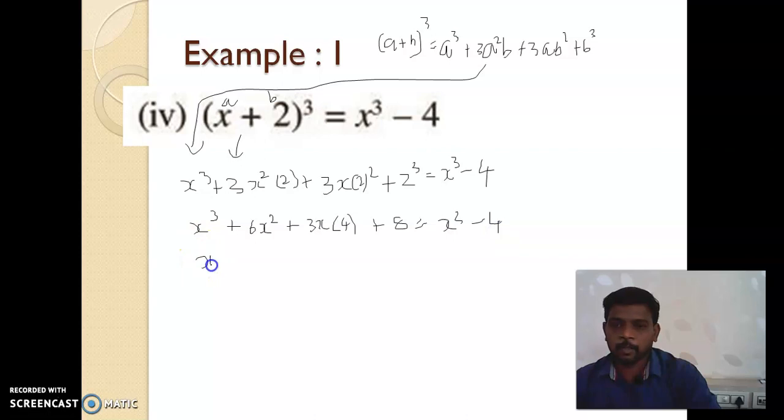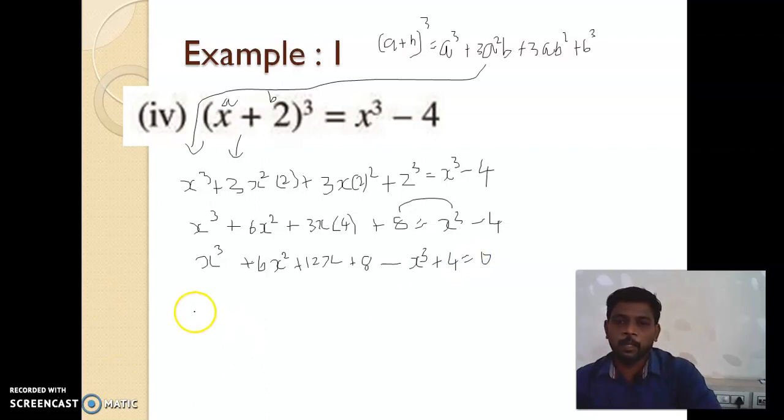So simplify again: x³ + 6x² + 12x + 8, and transpose these two terms to the left hand side. So it will become -x³, and this -4 will become +4, equal to 0.